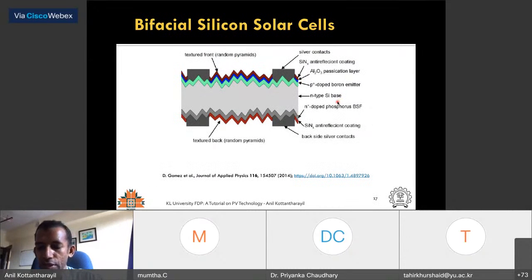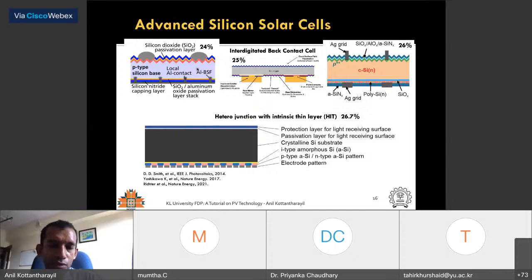Now, all these things we have seen, the light can enter from the front side, and the back side is all metal. But these technologies have something here, again, backside is all metal. Here you have something different, where the space between this can ideally be used for letting light in.